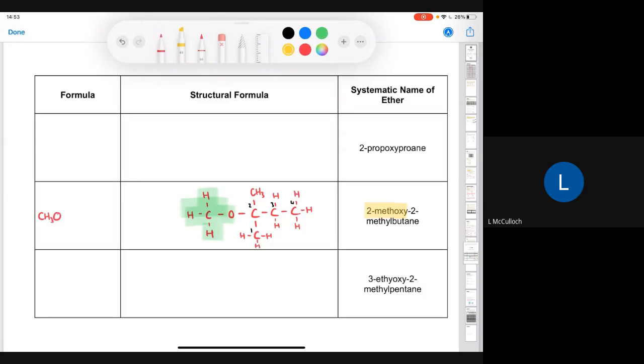And then the next bit is the trickiest part, which is this carbon that's got essentially 2 branches coming off of it. I know strictly speaking it's not 2 branches coming off of it because it's part of the butane chain, but because of the way that we're drawing this and because it's being around an ether, we are going to treat carbon number 1 as if it's a branch when we're writing out this formula.